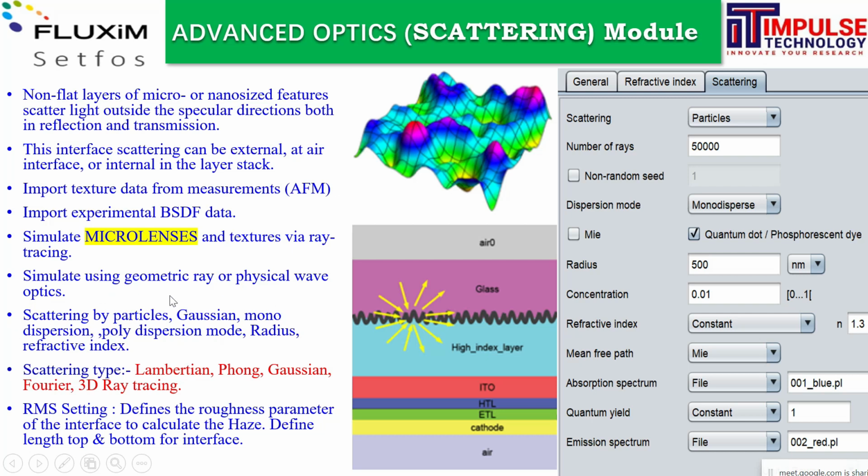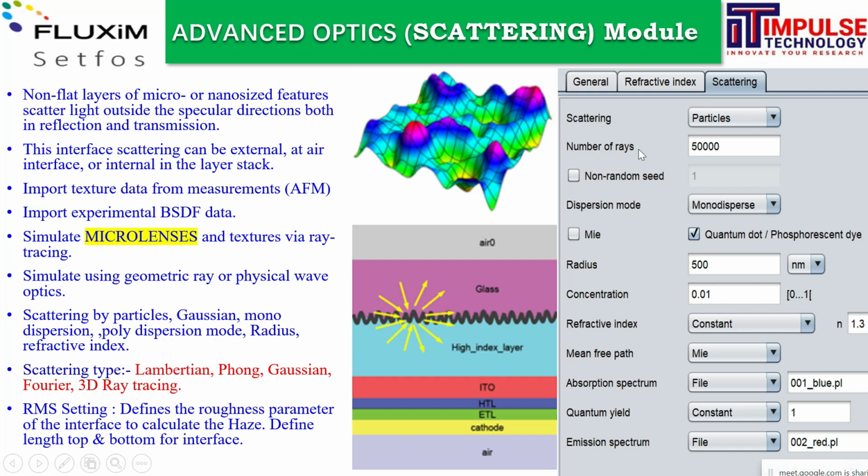Scattering can be done by Gaussian, monodispersion, polydispersion, or radius and refractive index. Scattering through Lambertian, Phong, Gaussian, Fourier, 3D ray tracing. These are scattering parameters where you can define the interface roughness parameters, real root mean square, RMS settings to define the roughness of the interface, to calculate the edge and top and bottom diffusion length for the interface.